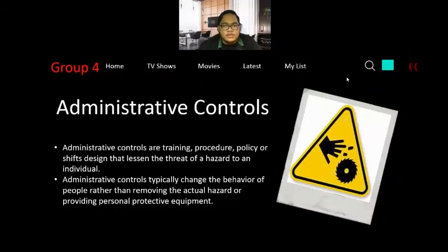Hi, my name is Faiz Fiqry Mastor, and today I'm going to talk about the administrative controls. Basically, administrative controls are training, procedure, policy, or shift designs that lessen the threat of a hazard to an individual. Administrative controls typically change the behavior of the people rather than removing the actual hazard or providing personal protective equipment.